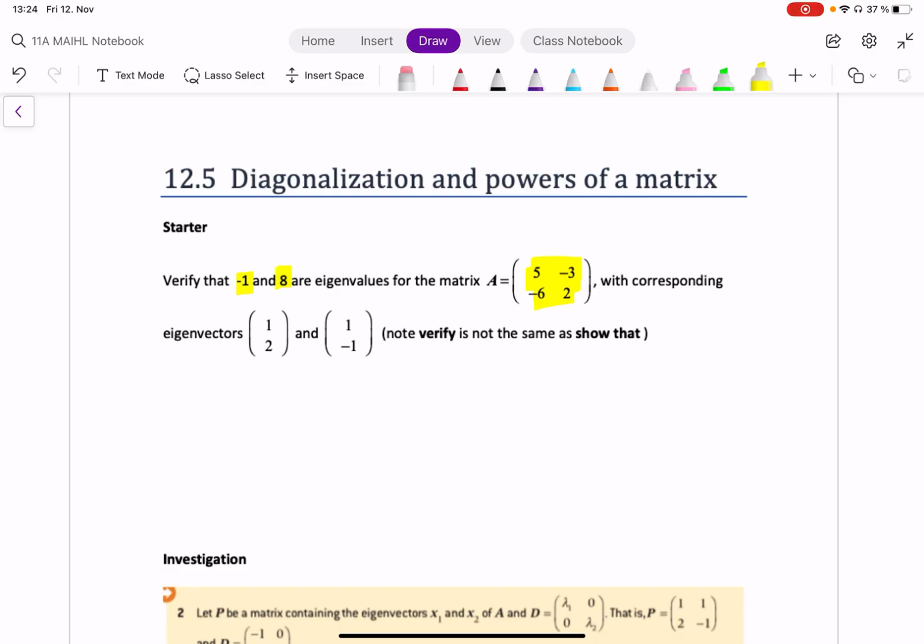You just need to verify that those are the eigenvalues given the corresponding eigenvectors of (1, 2) and (1, -1). And so right here it says note that it says verify, not show that. If it said show that, we'd have to do the whole process of finding them and showing that they are -1 and 8. But if it says verify, we can assume that those are correct, and we can use them to verify that it is correct.